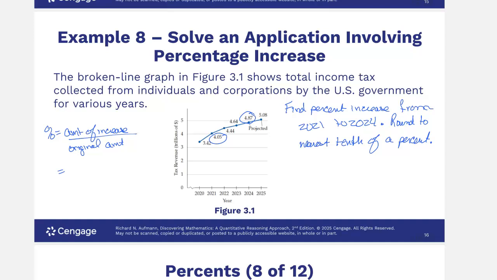You can see that's increasing here. So we're going to take that 487 and subtract 405. The original amount would be the amount in that first year, 2021. So this is going to be 0.82 divided by 4.05.